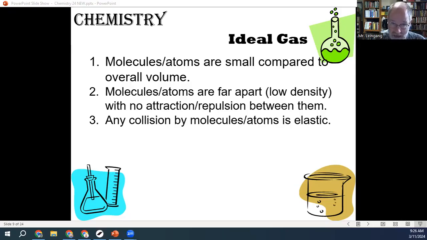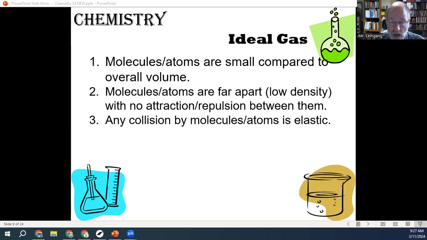But for gases, we assume that isn't the case. It's an elastic collision.